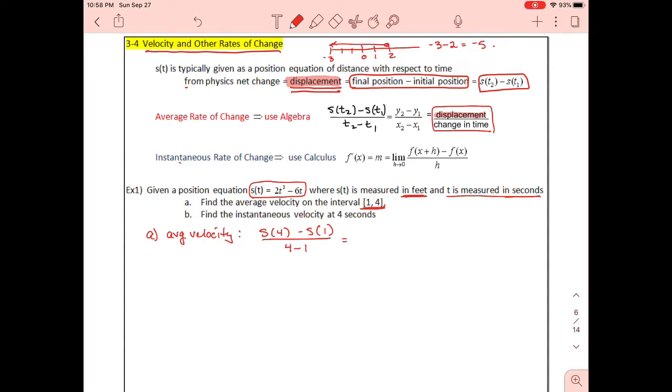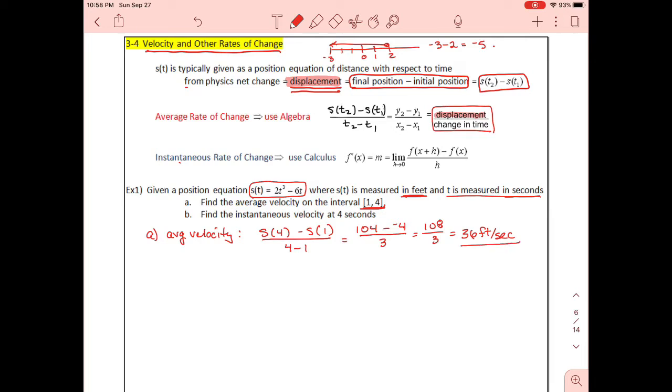And 128 minus 24 is going to be 104 minus s of 1. And s of 1 would be -4. And that's all going to be over 3. That ends up being 108 over 3, which is 36, and that will be feet per second.